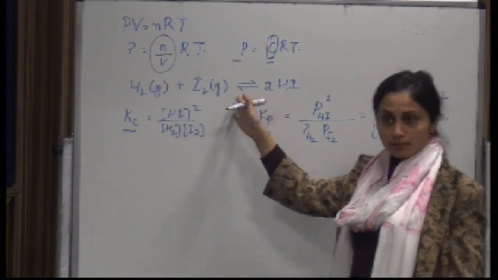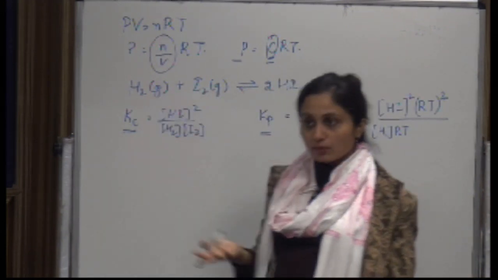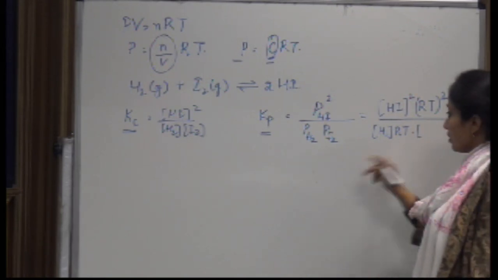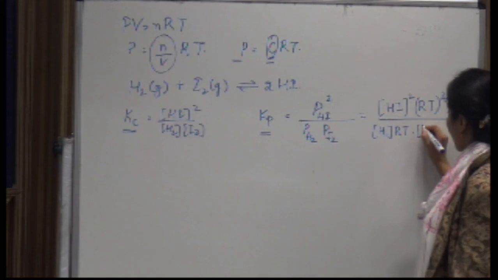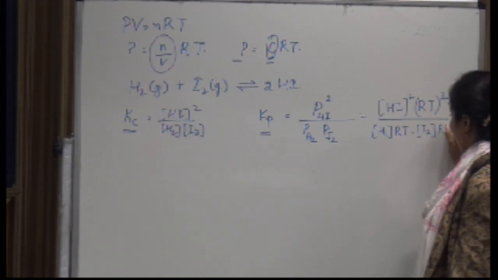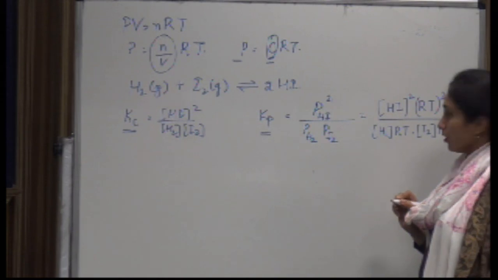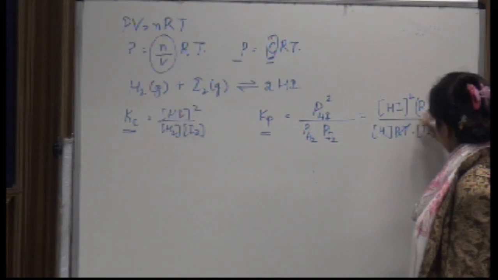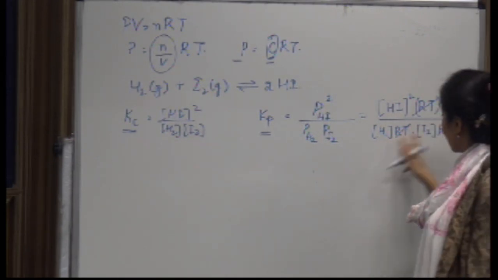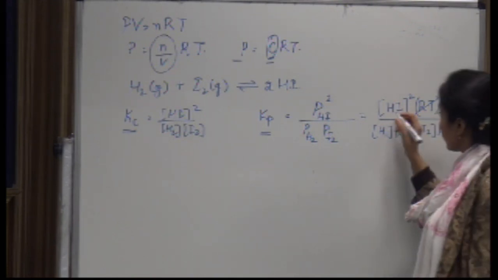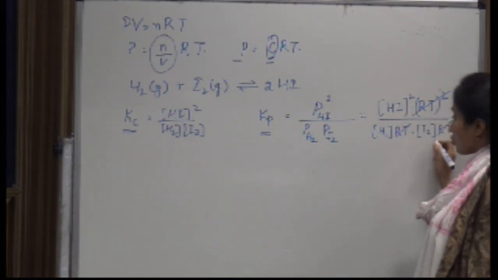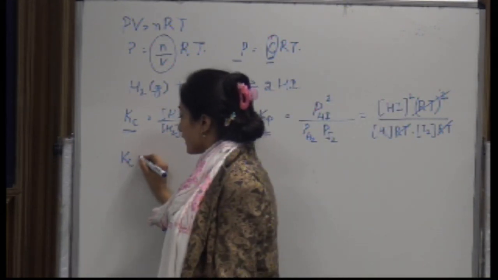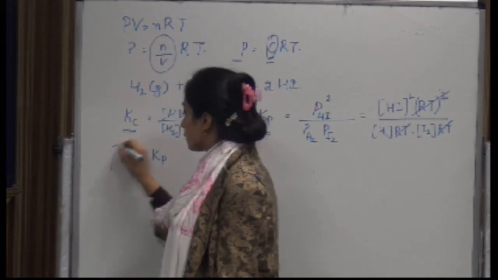The reaction is at a particular temperature, since all reactions attain equilibrium at a particular temperature. The pressure of I2 is the concentration of I2 into RT. Here RT into RT and RT square get cancelled, so [HI] square upon [H2][I2] is nothing but your Kc. So for this particular case we got that Kp is equal to Kc.